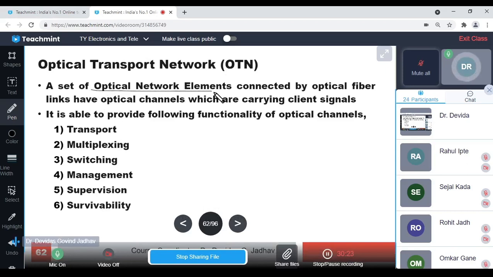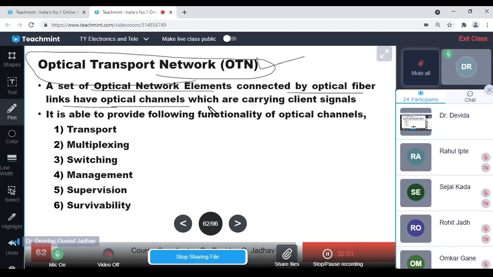Now, a set of optical network elements connected by optical fiber links, which have optical channels carrying the client signals. So these are the optical networks, the optical transport network OTN, in which the set of optical network elements are connected by optical fiber links, with optical channels which are carrying the client signals.